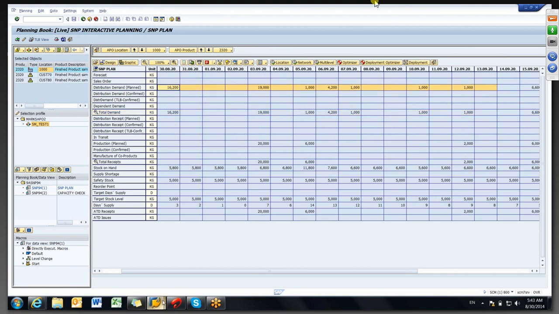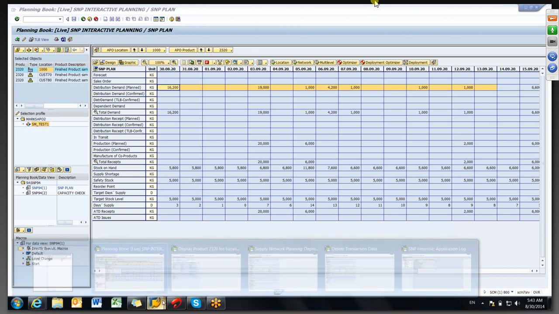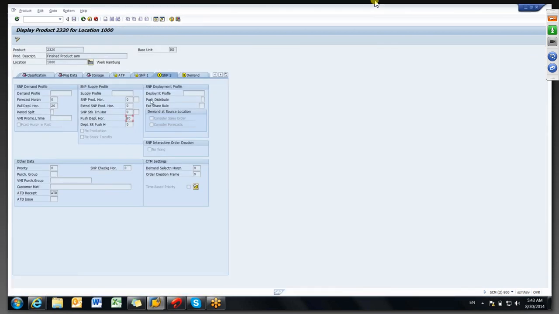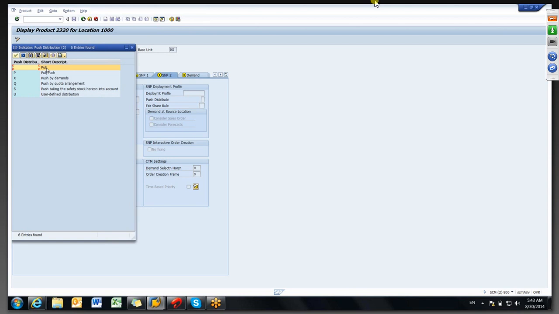So now we'll see what this fair share rule is. See here, there is push distribution. This is what we have. Some demands are there. How you push the demand when you run a deployment run. By default, when you don't give any settings, it is blank, it will take the pull.